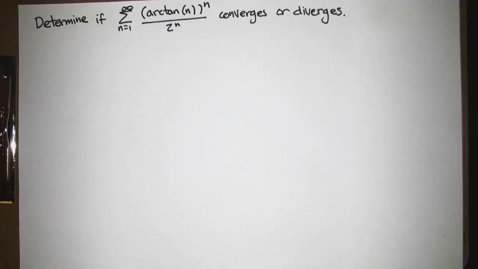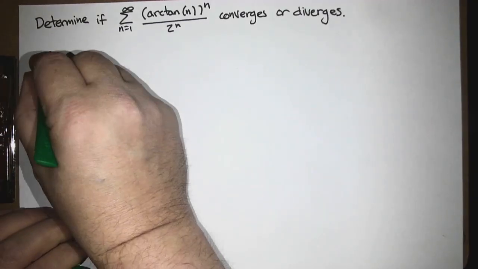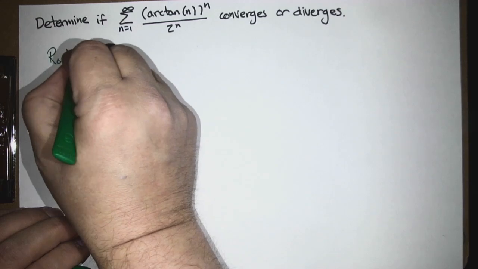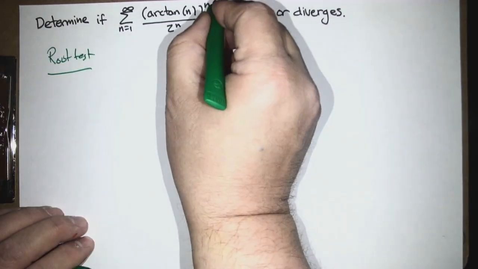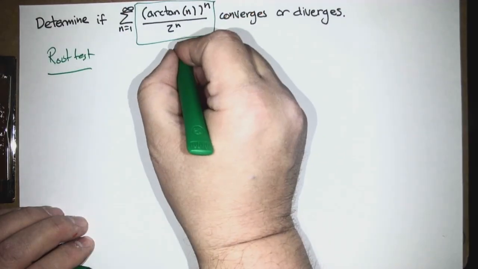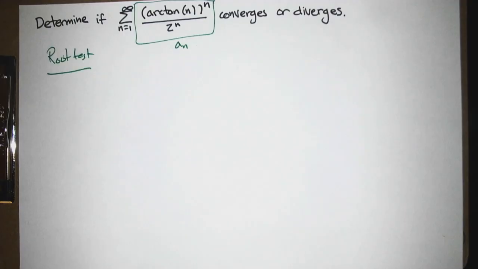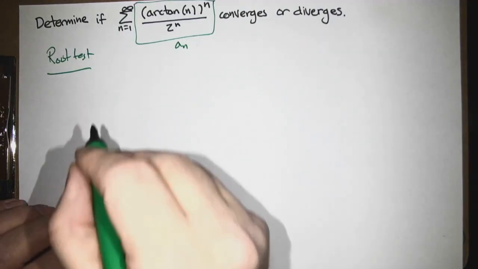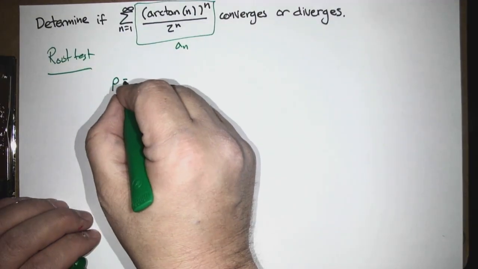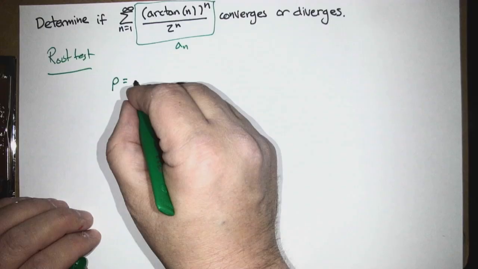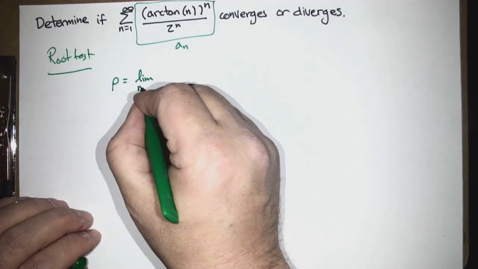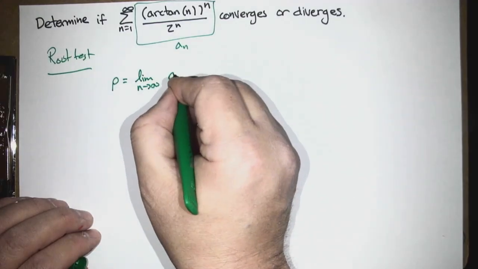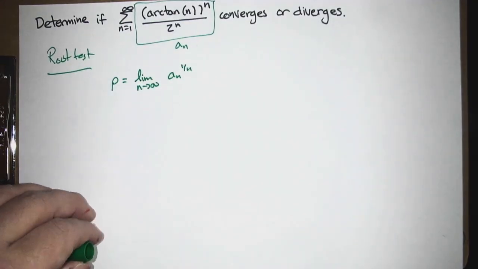All right, so we say, great, let's do a root test. So here we have our a sub n. And what do we do? Well, we're going to try to figure out what's the limit, call it rho, as n goes to infinity, of a sub n to the 1 over nth power.